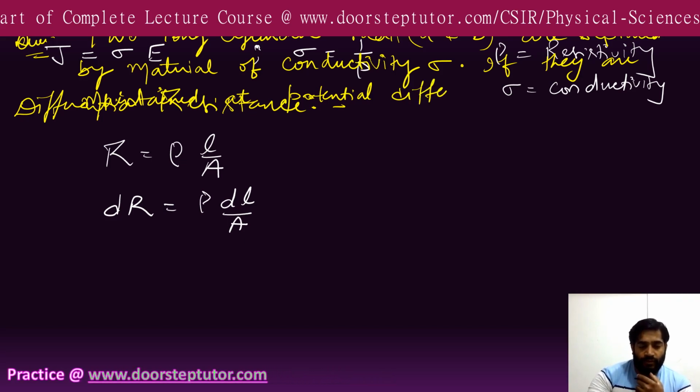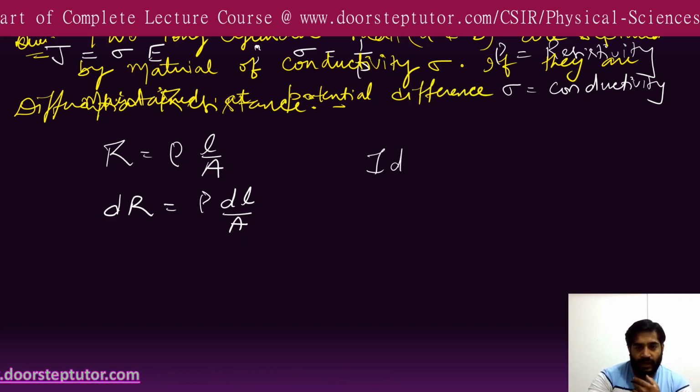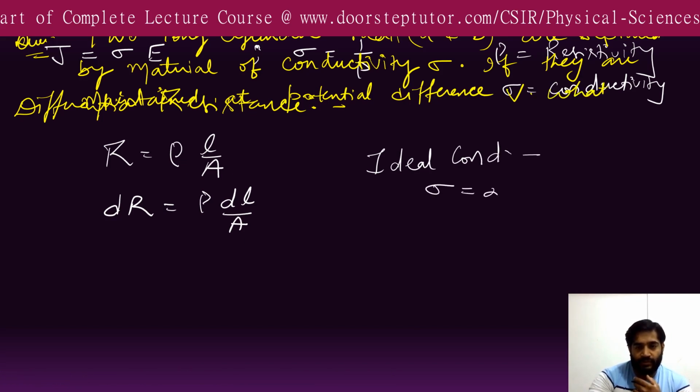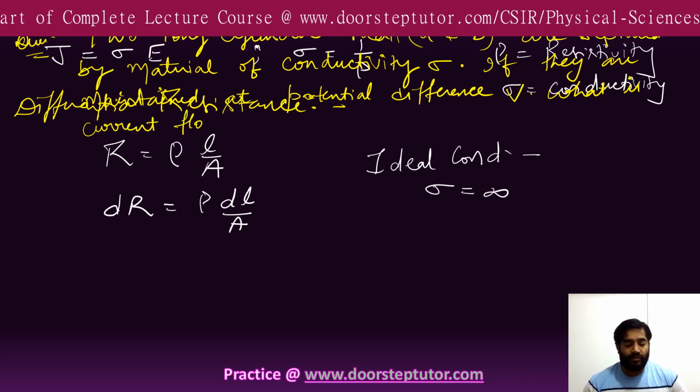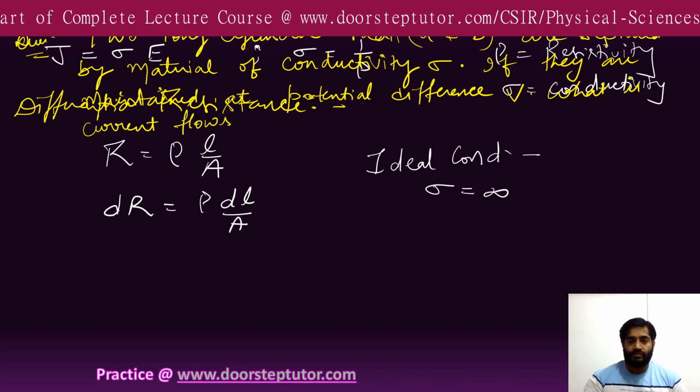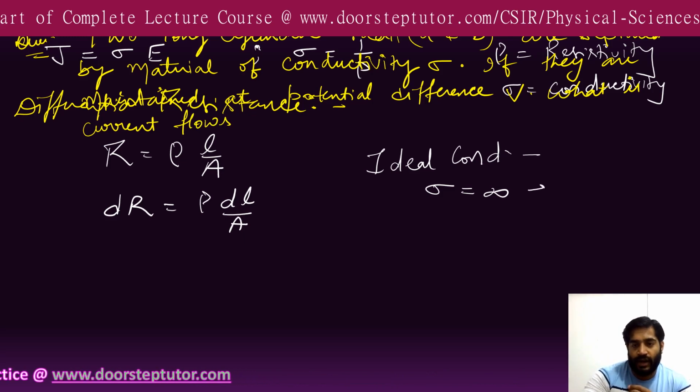So for an ideal conductor, what happens? Sigma is going to be infinity. Conductivity for an ideal conductor is infinite, because it's very high for a conductor. So this is for an ideal metal, better to say ideal conductor.